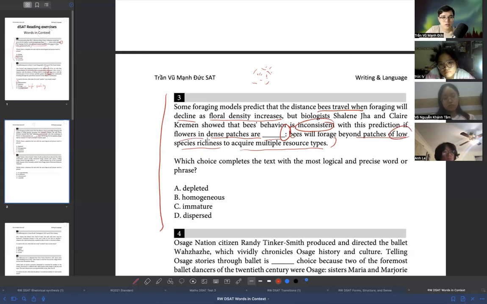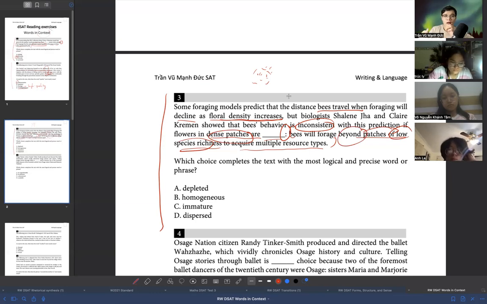Low species richness, they will forage beyond low species richness. So they are foraging beyond a distance that's farther than the dense patches. So the dense patches are still increasing, all right, but they still travel further. This is directly contradicting the prediction before: the bees' travel will decline as floral density increases.